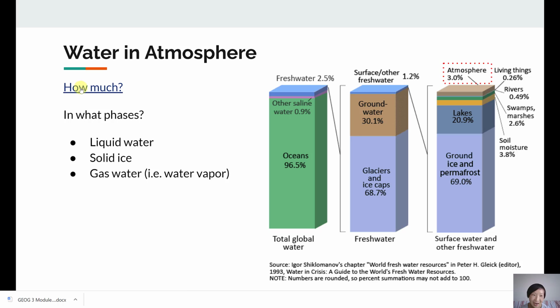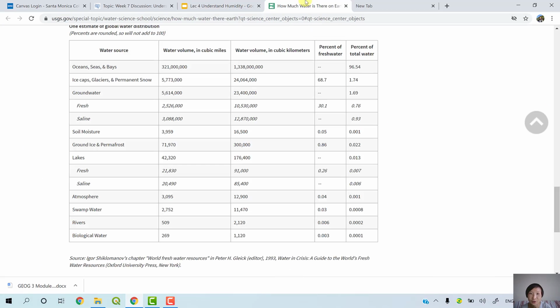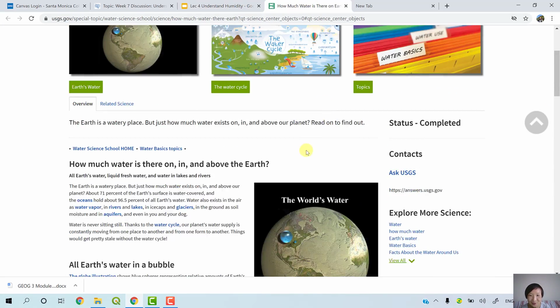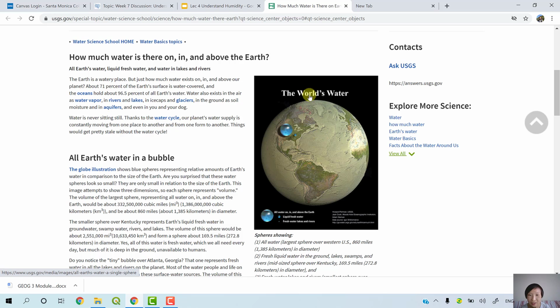Okay, all of this sounds very abstract. Here, NASA has this very good poster to show you visually. So you can see if you take the world's entire water and condense it into a ball, it is this part.